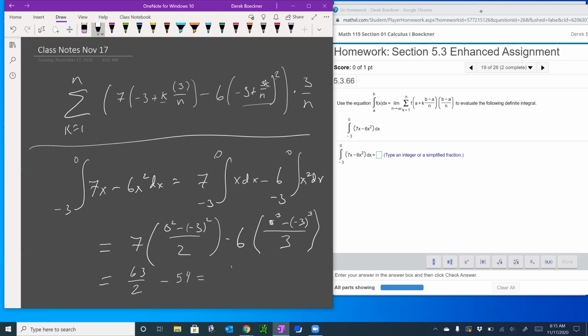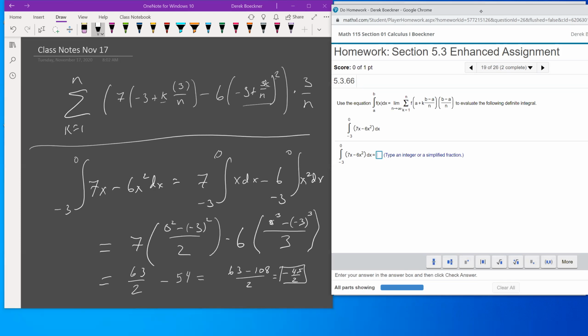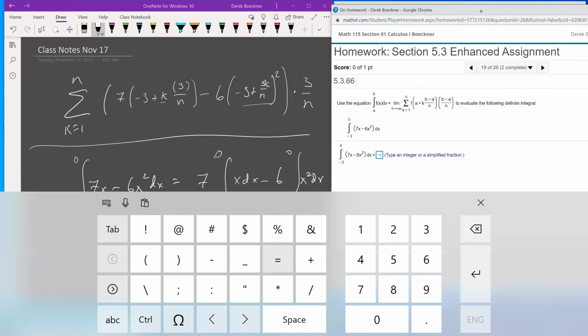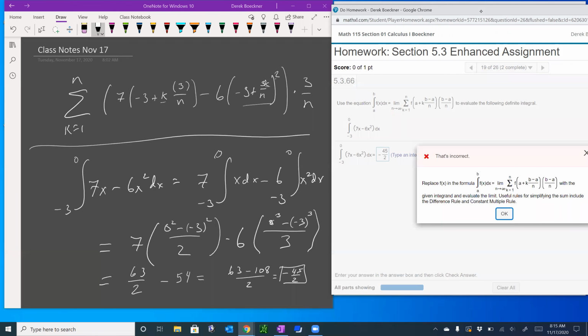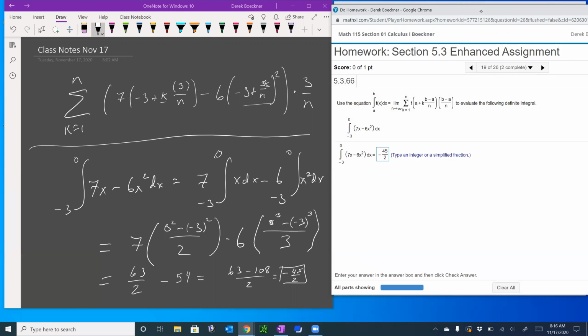So that's going to be 63 minus 108 over 2, 45 over 2. That's what we should get, if I did my arithmetic right. That's not what I did. Oh, it's still negative there, yeah.